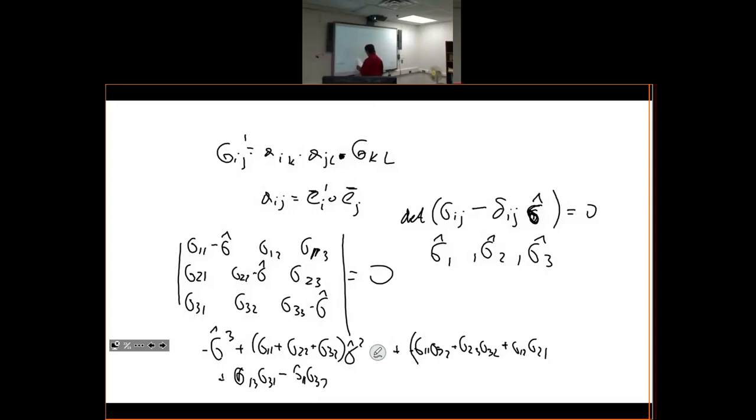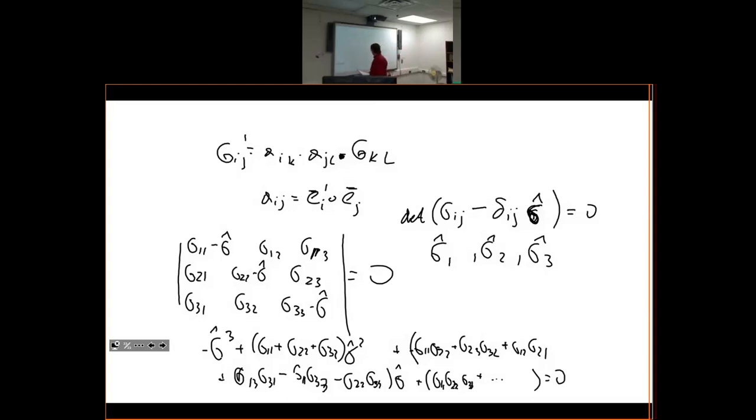So this was minus here, and minus sigma 2 2 sigma 3 3 times sigma hat, and plus sigma 1 1 sigma 2 2 sigma 3 3, and so on, a combination of all of those terms from this determinant.